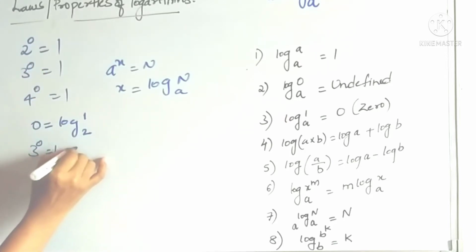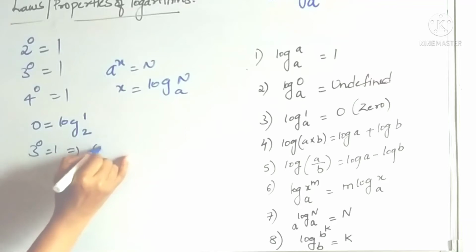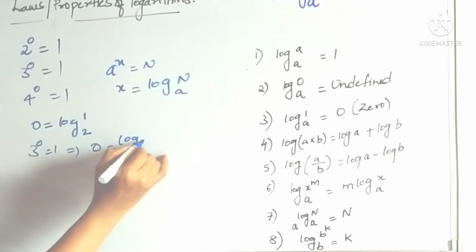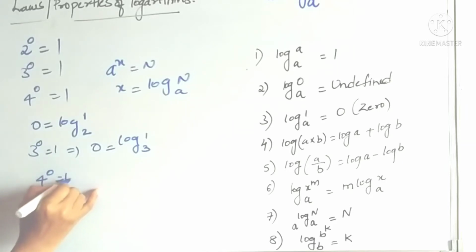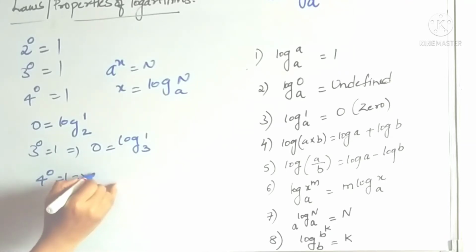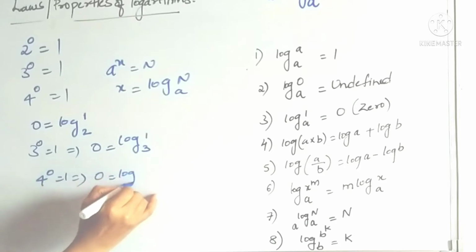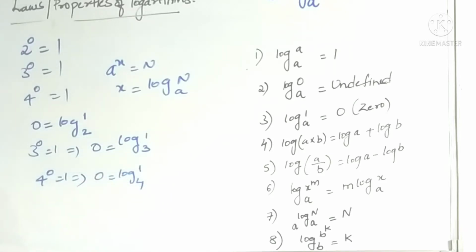Right? So similarly, 3 power 0 is equal to 1. How can we write? 0 is equal to log 1 base 3. Right? So 4 power 0 is equal to 1. Logarithmic form, 0 is equal to log 1 base 4.